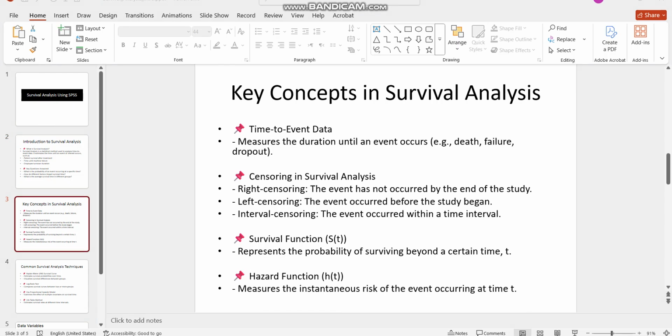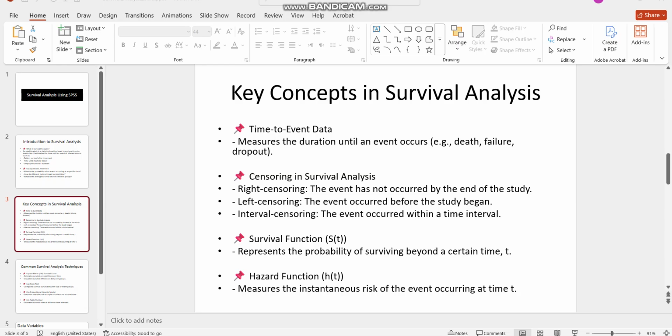The key concepts in survival analysis, let's highlight the most important. Time to event, as I said, for example, if I am measuring the survival rate, it will be the time to death. And when you are making a survival analysis, based on my experience, you will always face censoring. What is censoring?